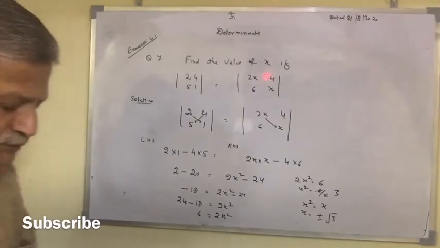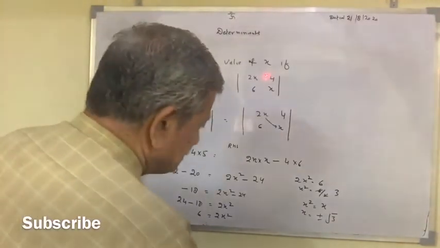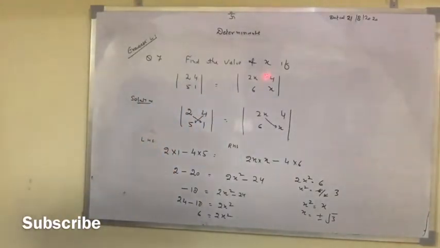Now we'll do question number 8, which is a little bit of a similar kind, and I'll try 2 questions so that you understand more how to solve such kinds of questions.